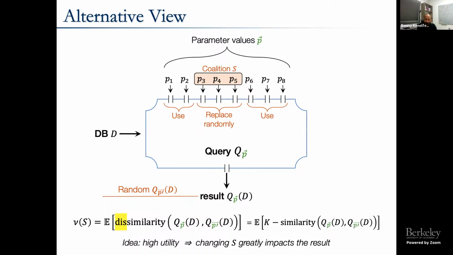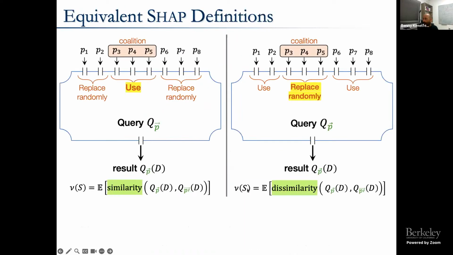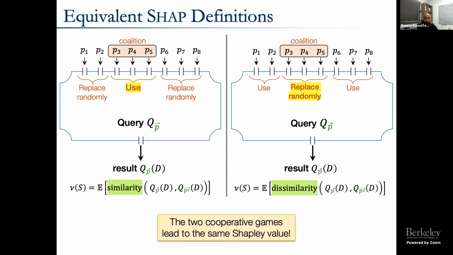A group has a high utility if its change with respect to the actual result is high. Here you use a dissimilarity, which we define as K minus similarity. The interesting thing is that these are different cooperative games, but you can show, and it's not very hard, that both of them give the same Shapley value, the same SHAP score.